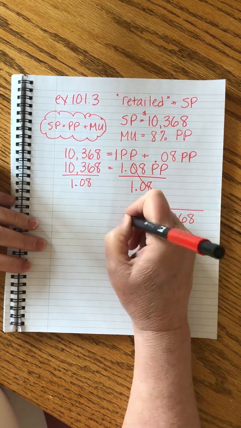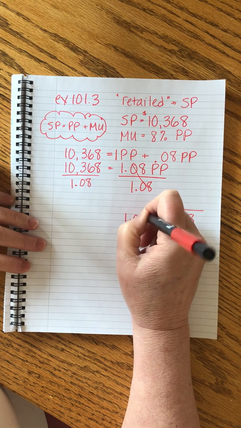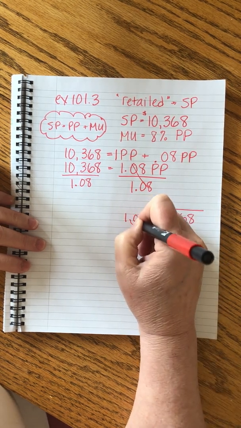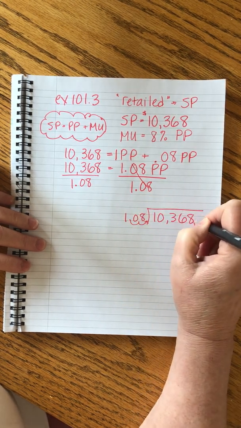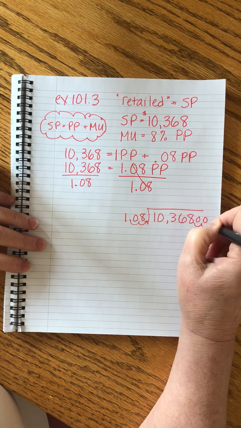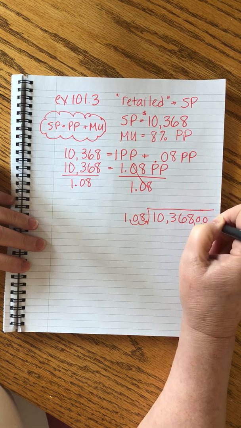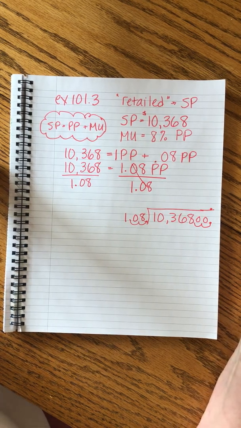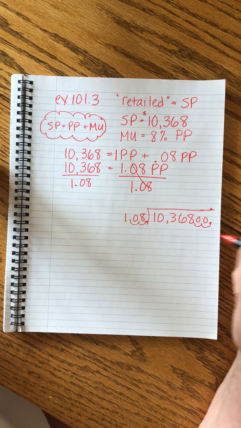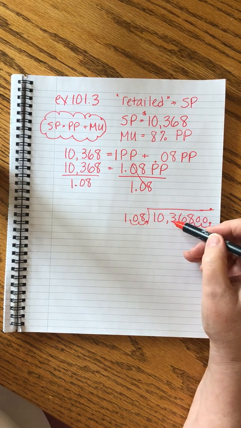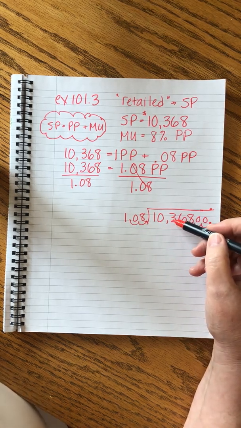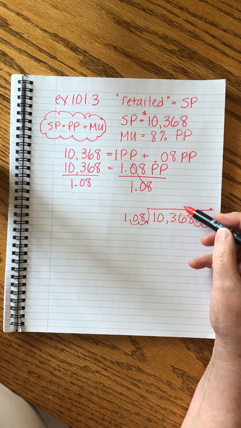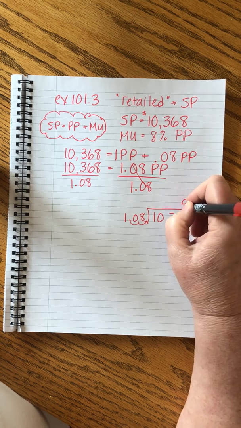10,368 divided by 1.08. Remember the way we do this is we have to bump the decimals over, so we can bump them over here, and then once we get it settled, we take it right up there. How many times does 108 go into 103? Well, it doesn't go in once, so we must have to go here and do 9.